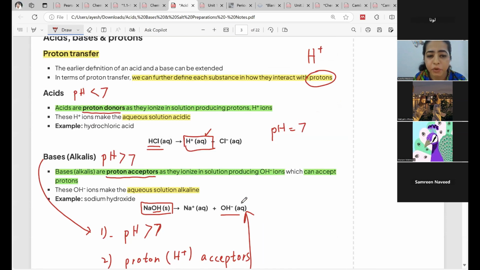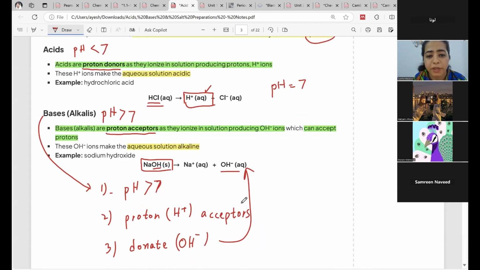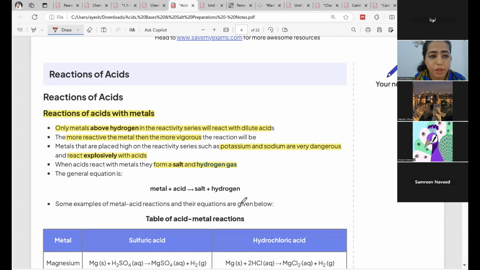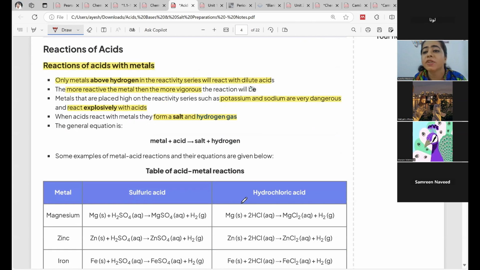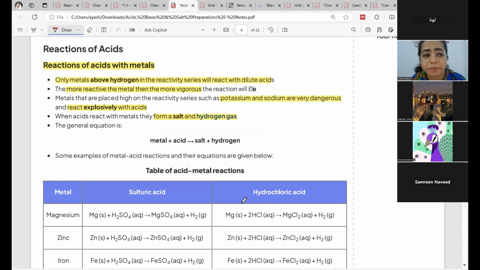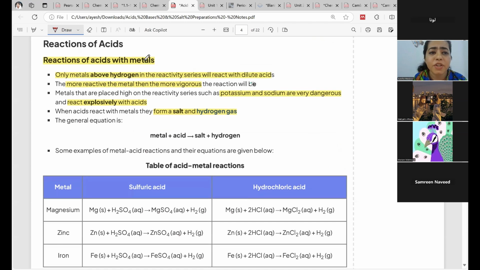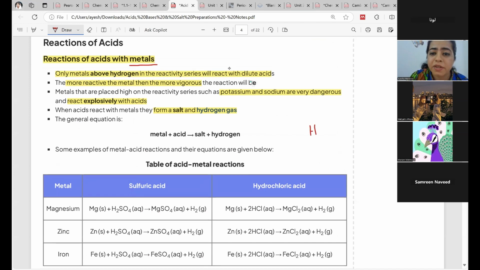We did the new definition of acid and base according to the proton donor and acceptor. We are going to see some of the reactions of the acids. Acids can react with metals. For the metals, we did a reactivity series in which we said that hydrogen will be somewhere at the center, and some metals will be above the hydrogen and some metals will be below the hydrogen.